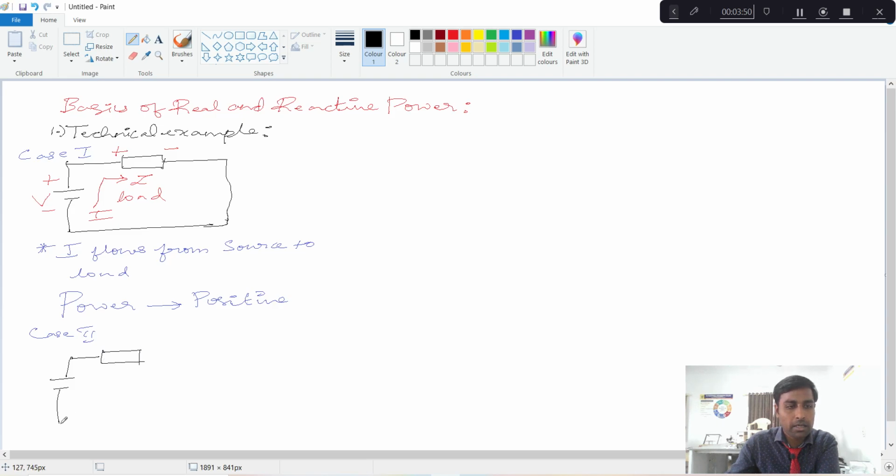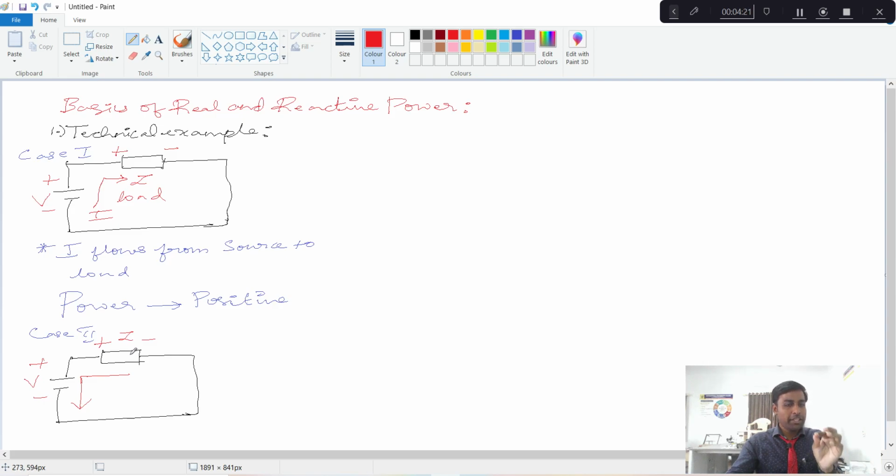This is the voltage source and this is my load, and I am connecting these two in series, with plus minus V, and plus minus Z. Now what happens here, if my current is flowing like this, my load is pumping back the power to the source.